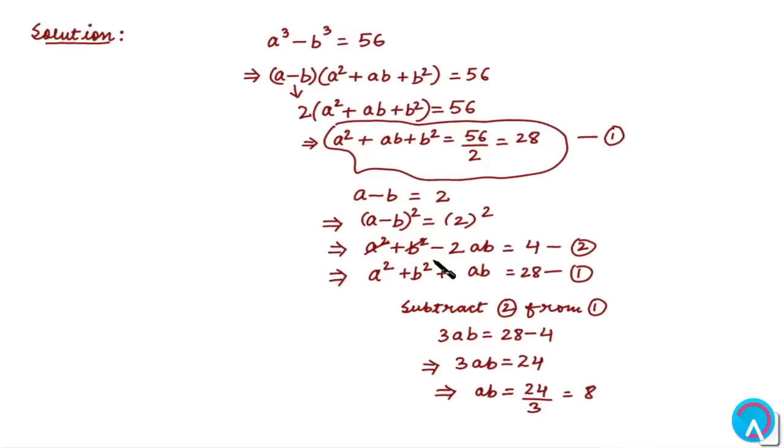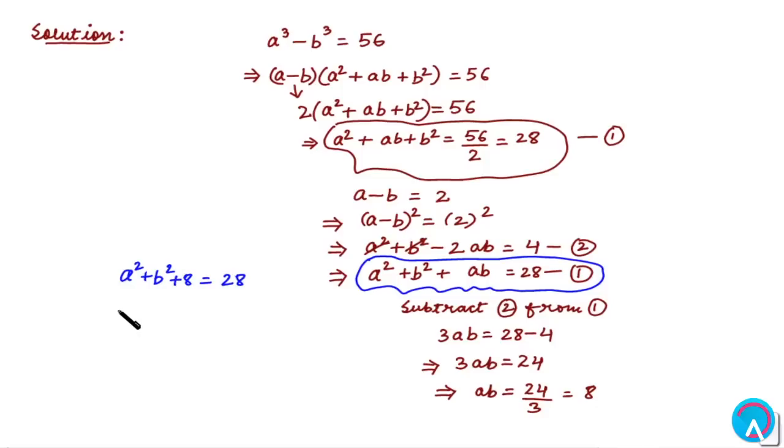Now if we look at equation 1, our job becomes very simple now. We found the value of ab as 8, and that means this equation will become a square plus b square plus 8 is equal to 28.